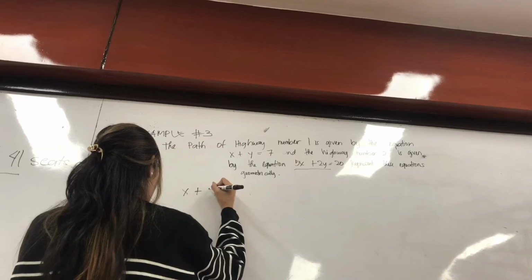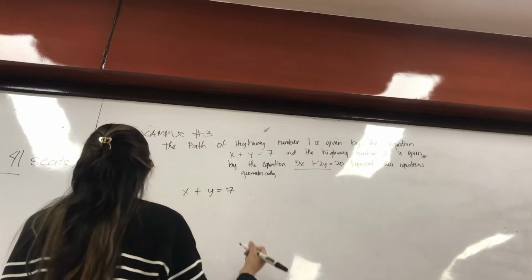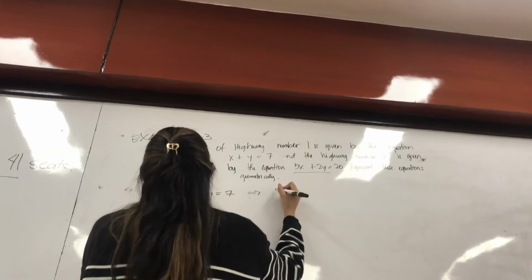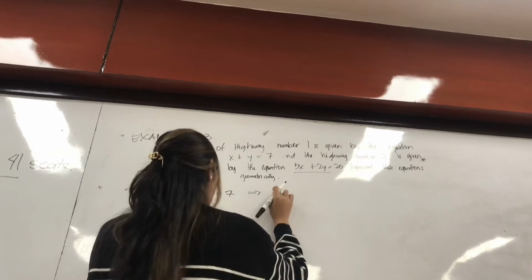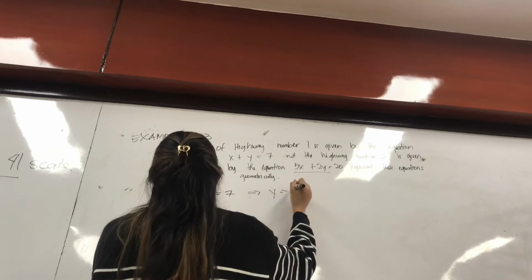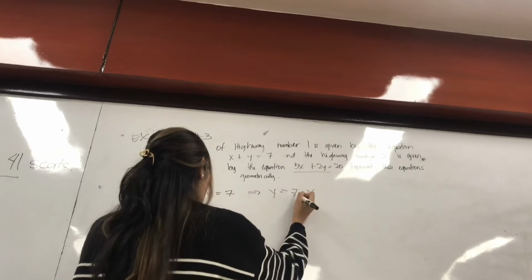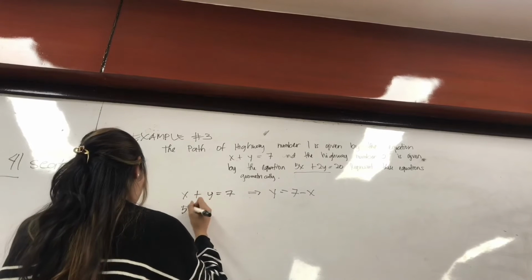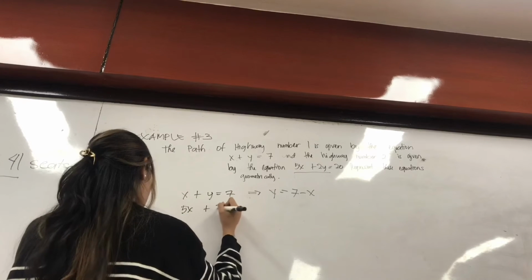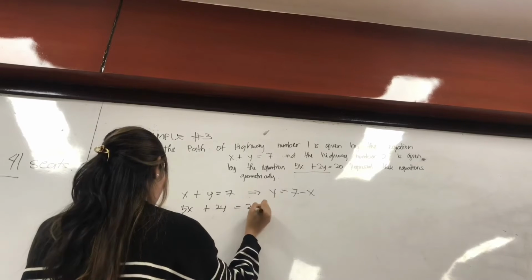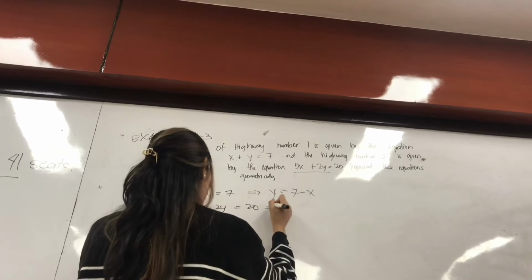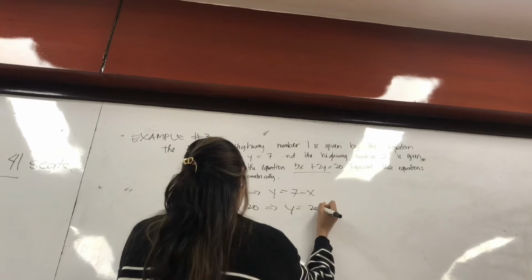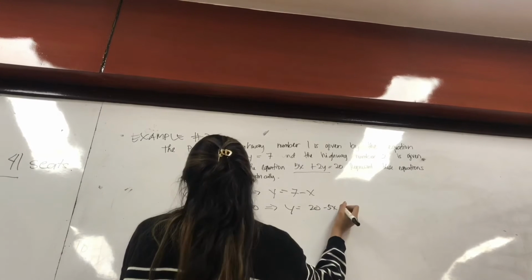Let's transpose this to y equals 7 minus x. And the second one is 5x plus 2y equals 20, so transpose it as y equals 20 minus 5x.